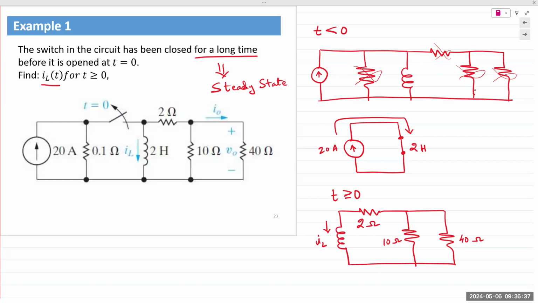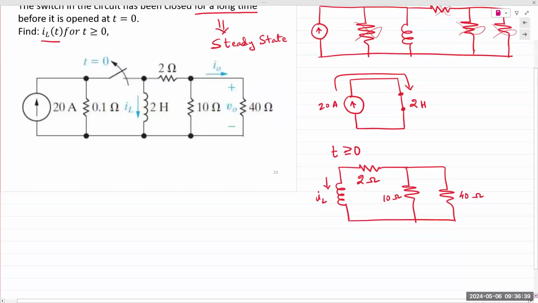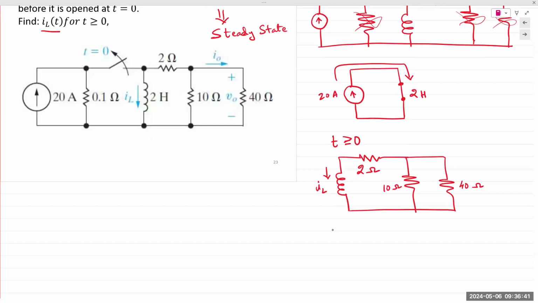Always, in this case we're trying to find IL. So IF, we conclude, natural response. And so IF, the final value of the current, has to go to 0. IF is 0.